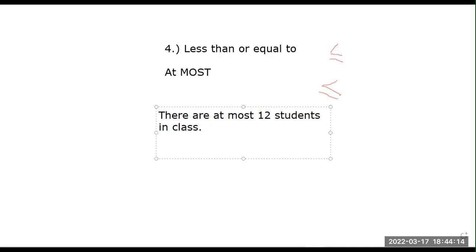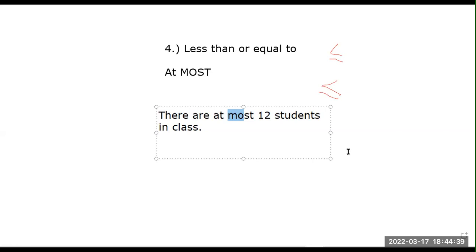There are at most 12 students in class. When you see a statement like this, think English, not maths. The word most in it does not mean you would use the sign more than or equal to. The question says there are at most 12 students in the class, so the biggest number of students you can have in class today is 12.